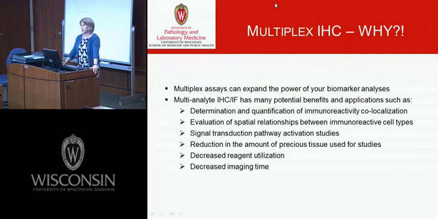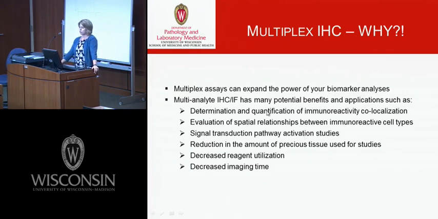I'd like to touch on why one would want to do multiplex immunohistochemistry or immunofluorescence. This type of assay expands the power of your biomarker analysis. Multiplexing has many benefits and applications.